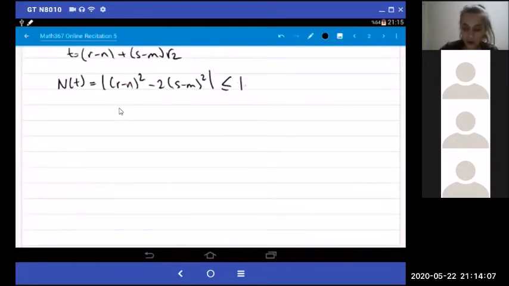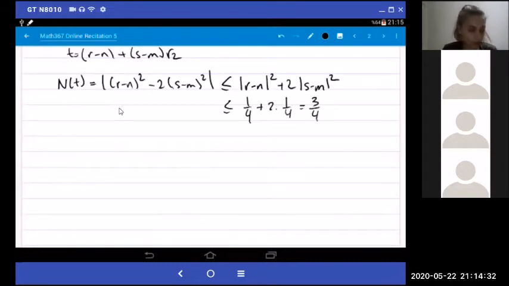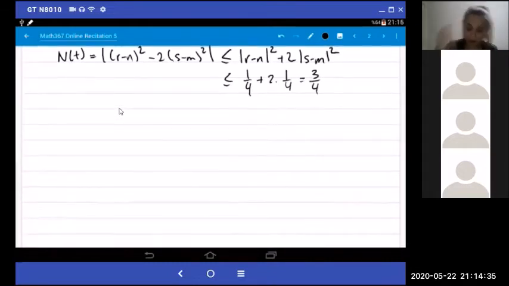less than or equal to (r minus n) squared plus, by the triangle inequality, 2 times (s minus m) squared. And so this is actually less than or equal to 1 over 4 plus 2 times 1 over 4, which is 3 over 4. Okay, now we know the multiplicative property of N, as N of alpha times beta is equal to N of alpha times N of beta.